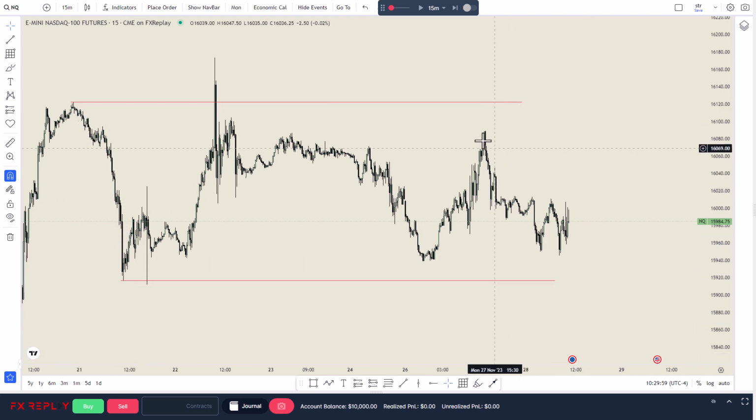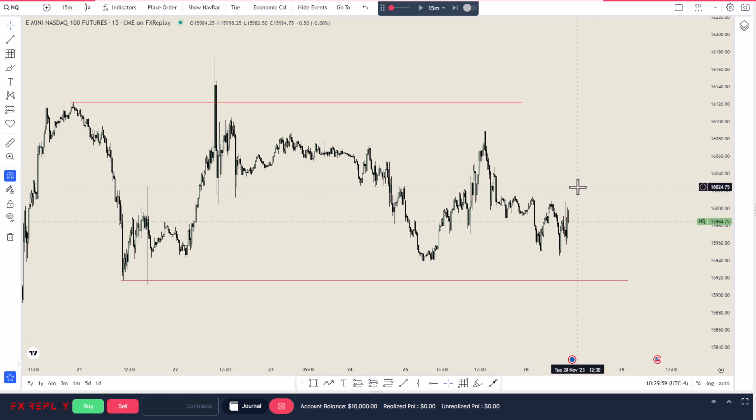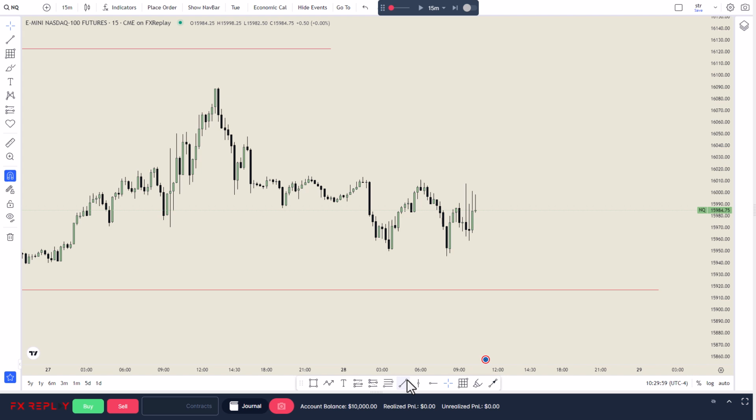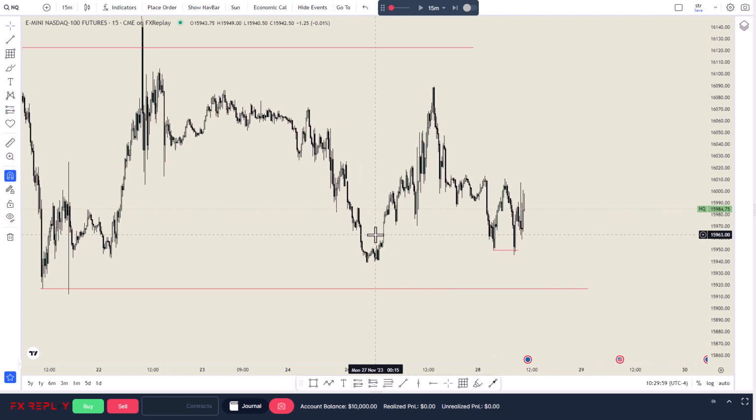So we can trade this internal structure, but be careful. You don't want to be buying or trading right here at the middle of the range unless you are taking quick scalps, right? So here we have a sweep, right? We are inside the zone.